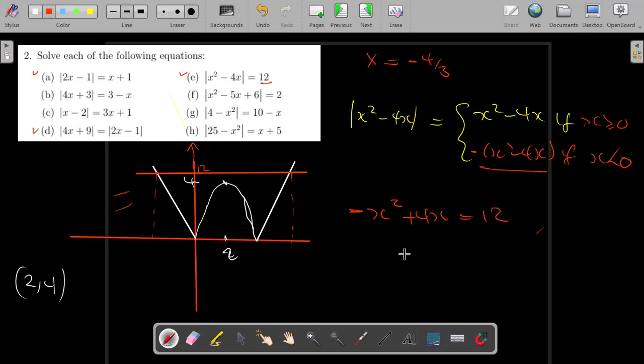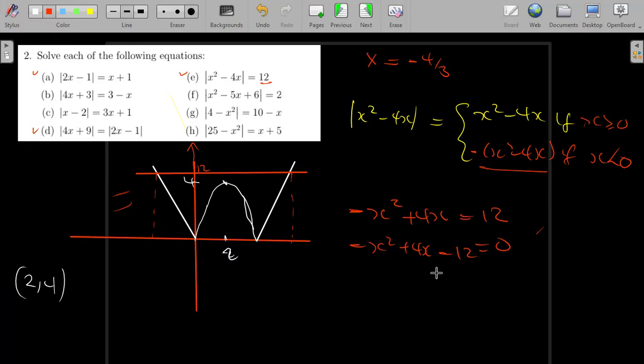So let me see what values I will get there. And of course it's values because it's a quadratic equation. So plus 4x minus 12, and this will be equal to 0. If I want, I can use the quadratic formula here, and I know that x is equal to negative b, plus or minus the root of b squared minus 4ac, over 2a.